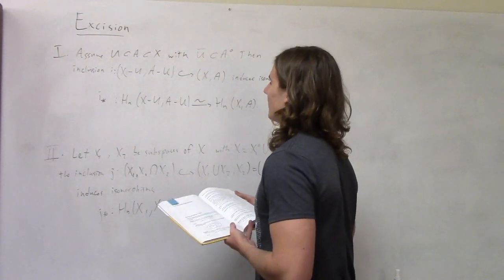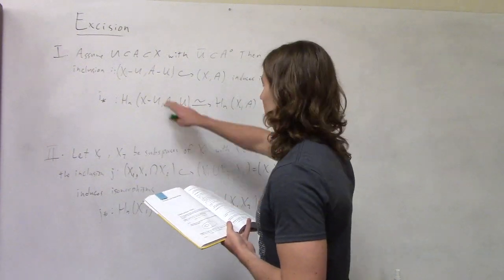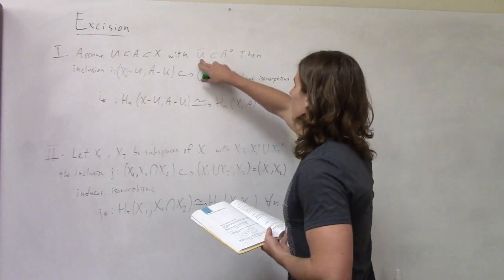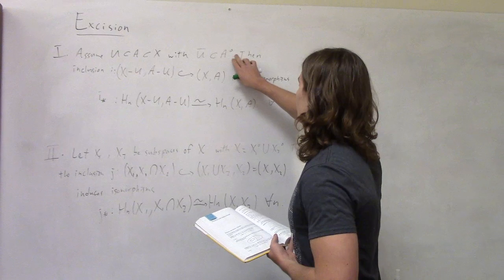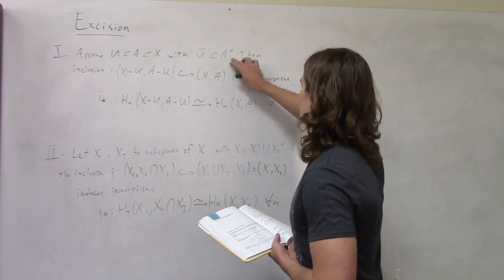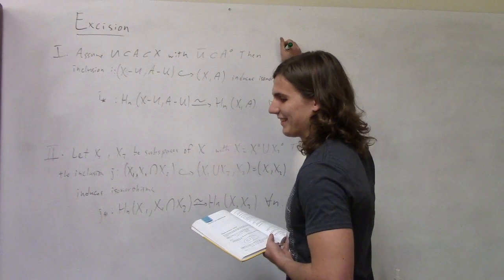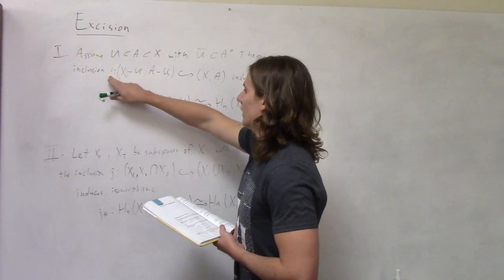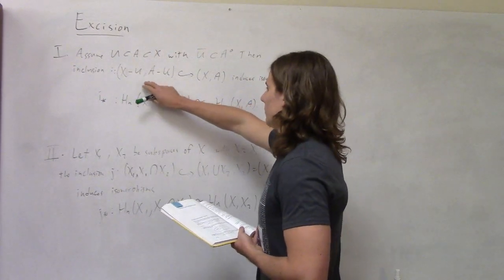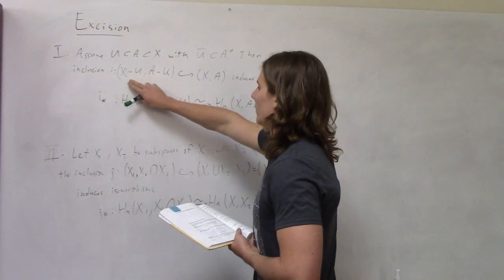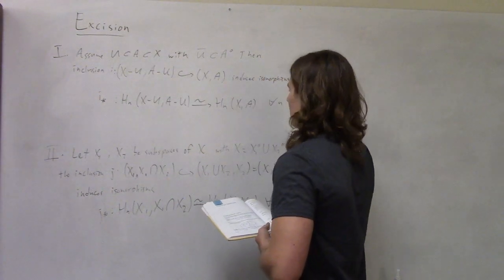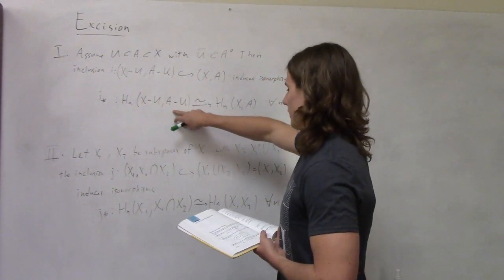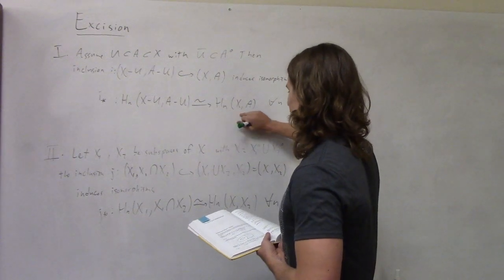If you have a space X with two subspaces, U and A, with U a subspace of A, and the closure of U is a subset of the interior of A, then the inclusion that maps the pair (X minus U, A minus U) to (X, A) induces isomorphisms for each n from Hn of (X minus U, A minus U) to Hn of (X, A).